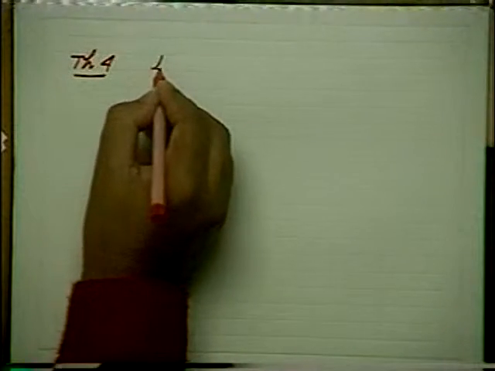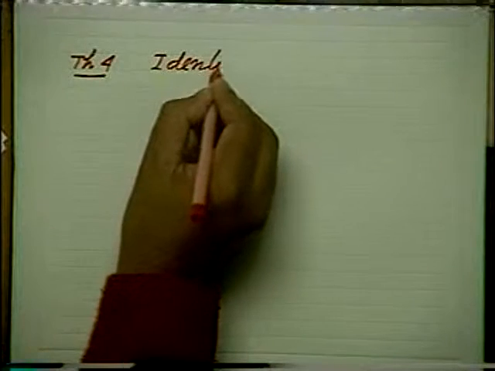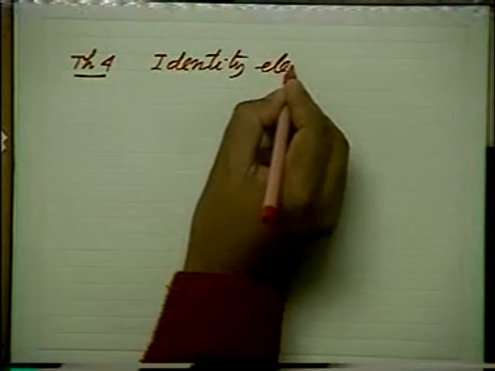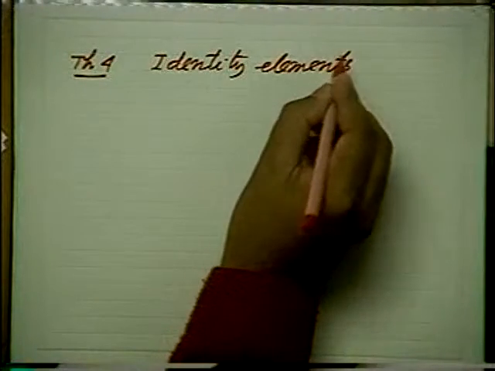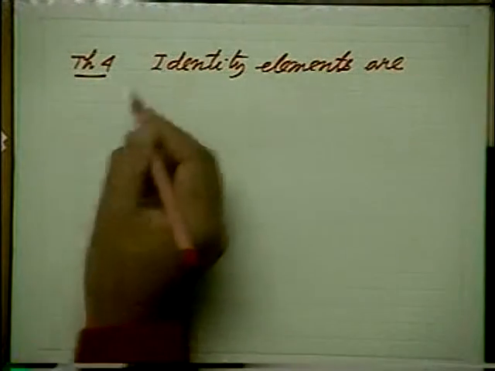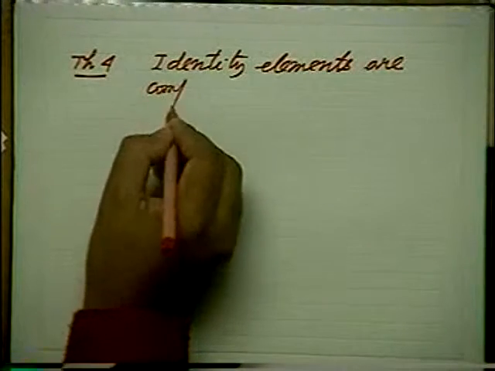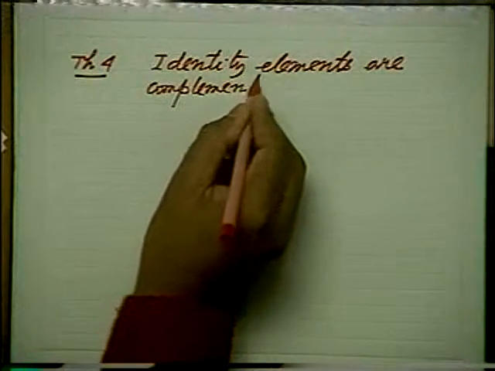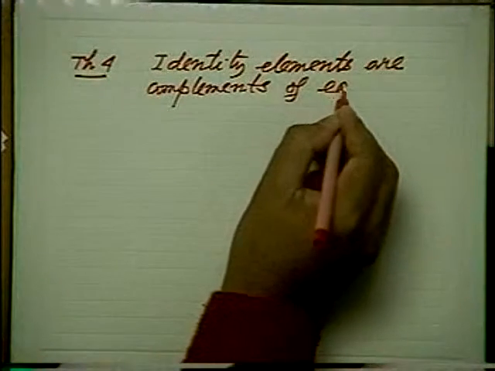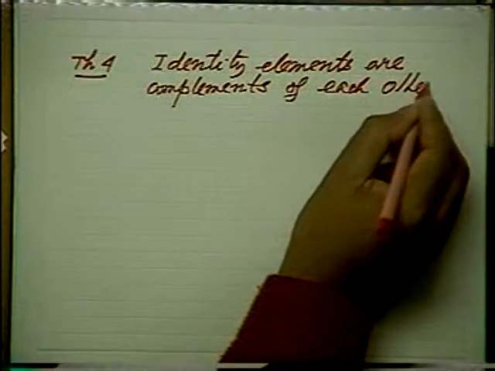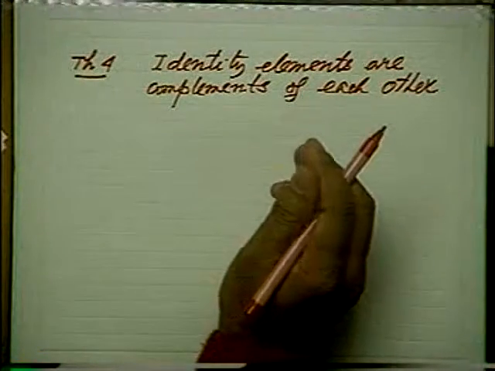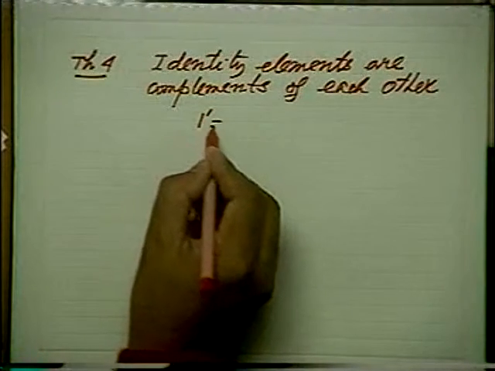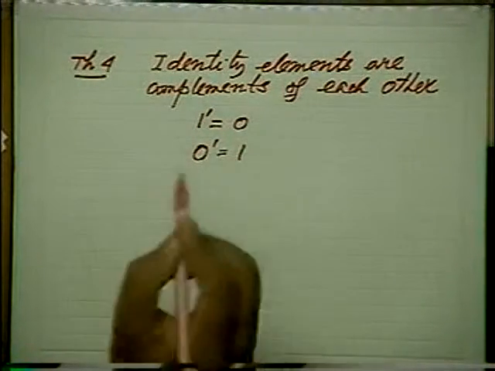Now let's come to theorem 4. It says that identity elements are complements of each other, which essentially means that 1 dashed should be equal to 0 and 0 dashed is equal to 1.